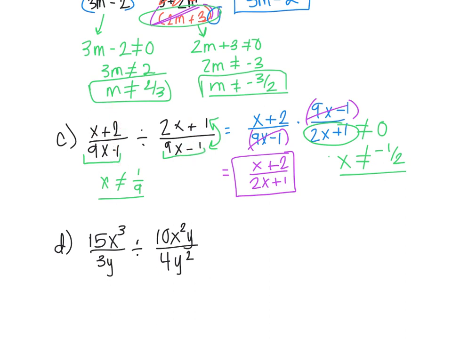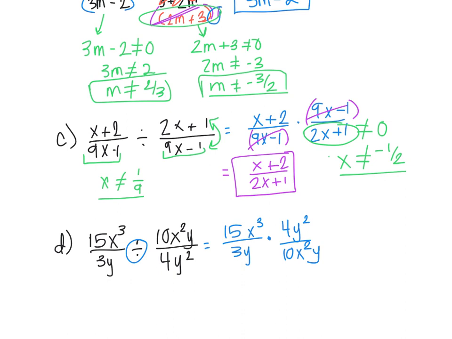Here it is all multiplication in each of the two separate fractions. So again, before I do anything, we are going to always start by taking any division problem and rewriting it as multiplication. So we've got 15x cubed over 3y times 4y squared over 10x squared y.